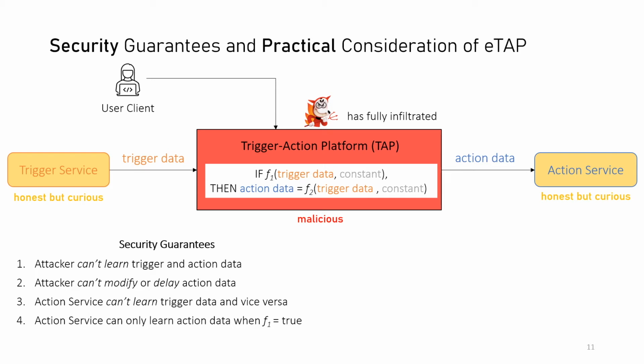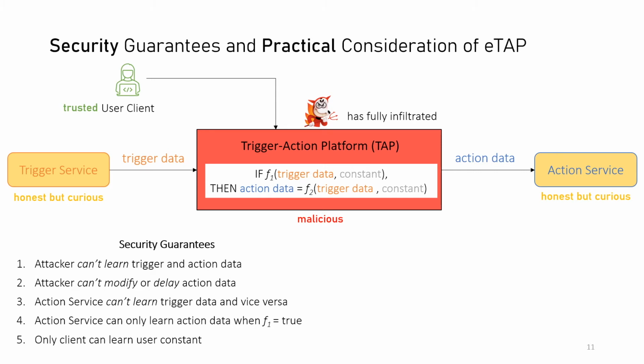Finally, we need to establish a root of trust somewhere. In line with prior work, we assume that the user trusts its own client app, which is used to configure the rules. We imagine this client app to be maintained separately from the cloud component of the TAP, and therefore we can decentralize the trust into each user.